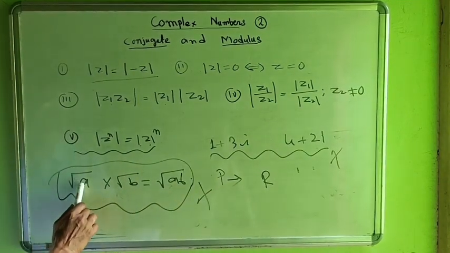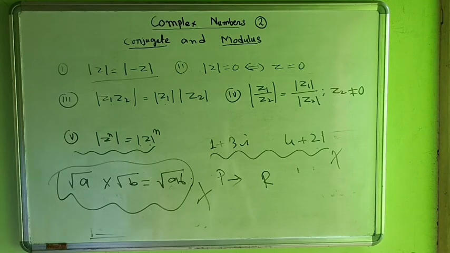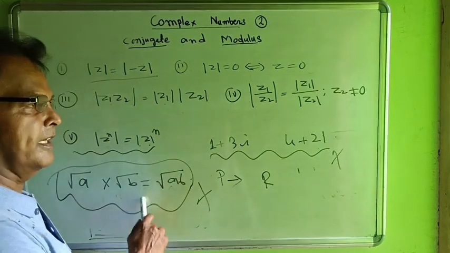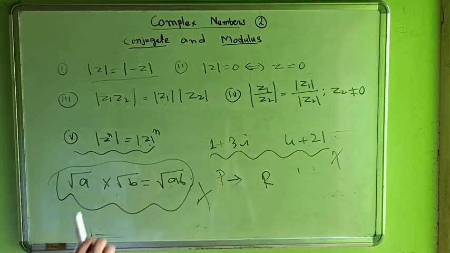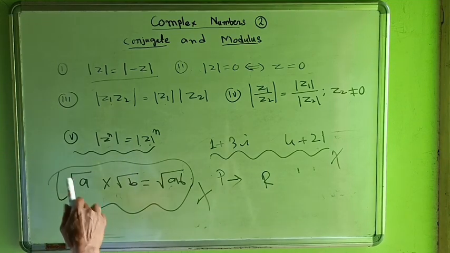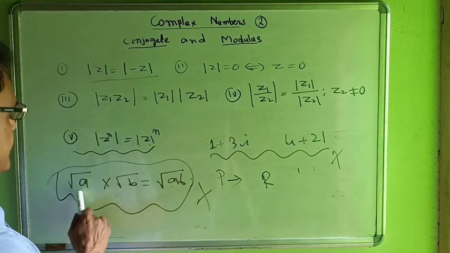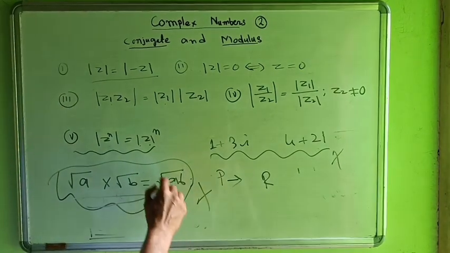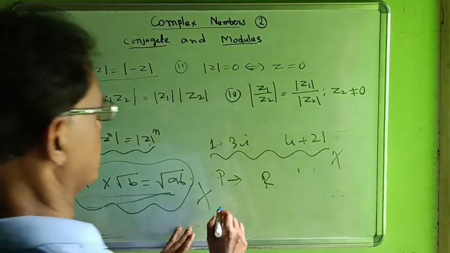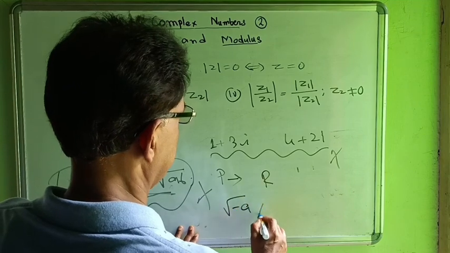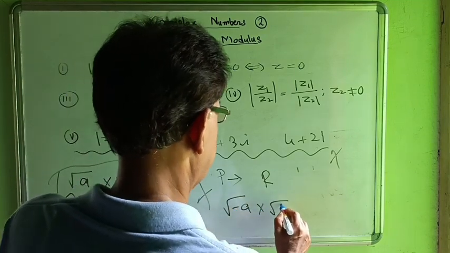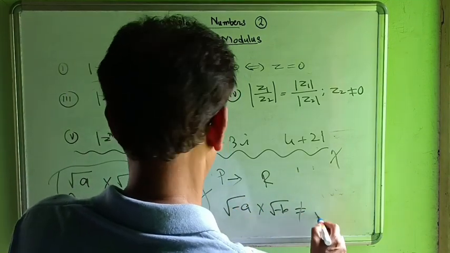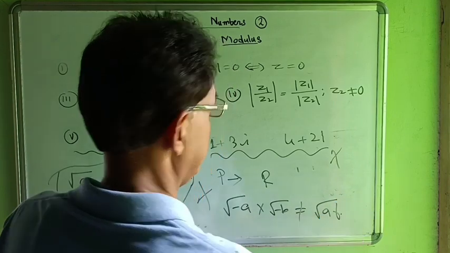If a is negative and b is negative, then that rule fails. A very important point. In case of real positive numbers, we use this rule. But if a is negative and b is negative, then root of negative a into root of negative b is not equal to root of ab.